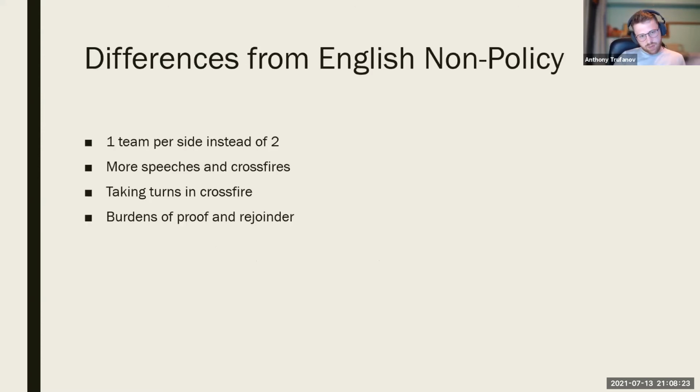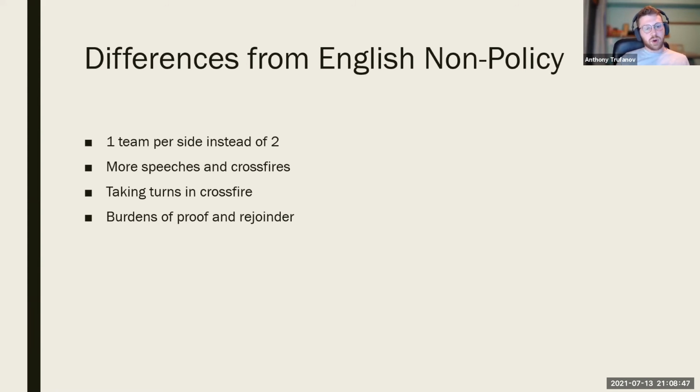So to recap, major differences from English non-policy, which you all are aware of. We have one team per side instead of two. So there's one pro team and one con team. There are more speeches. There are crossfires. Crossfires are different than cross-examinations because you take turns.